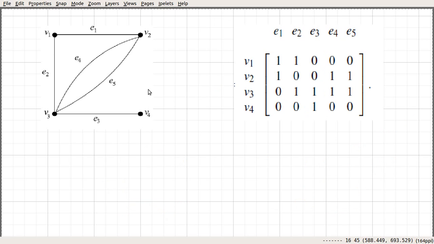So for that purpose, let's consider this subgraph with V1, V2, V3, and V4. Let's consider this cycle.